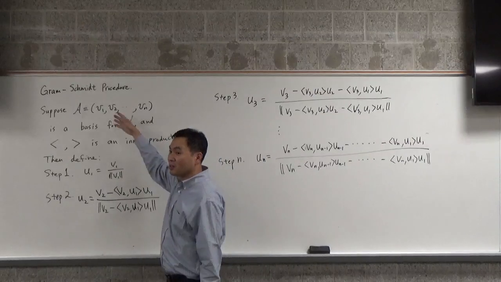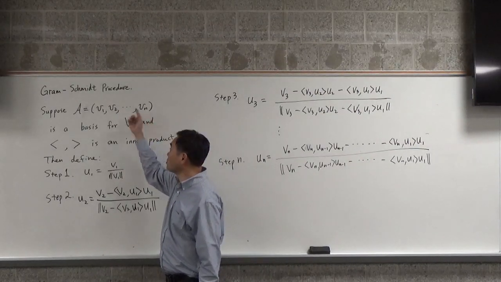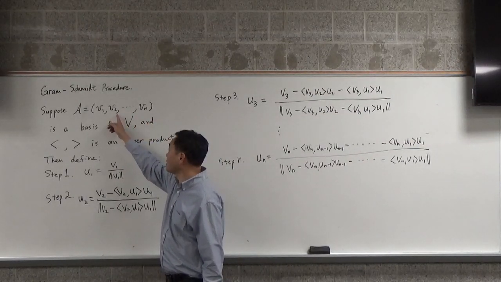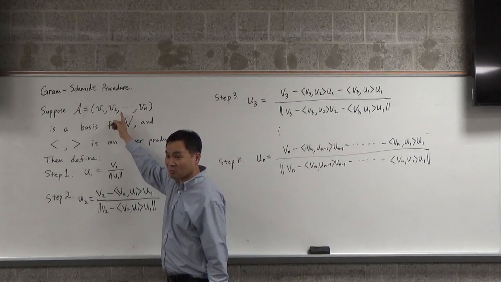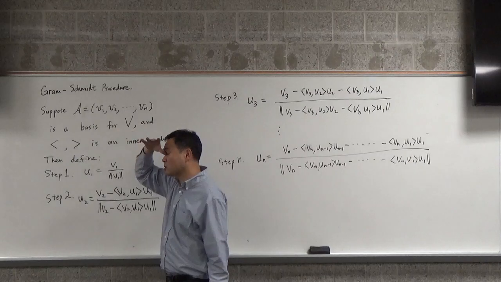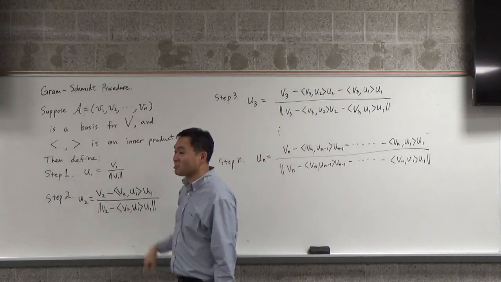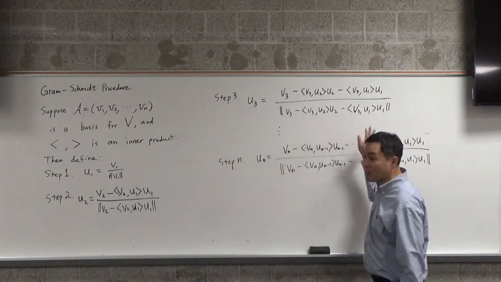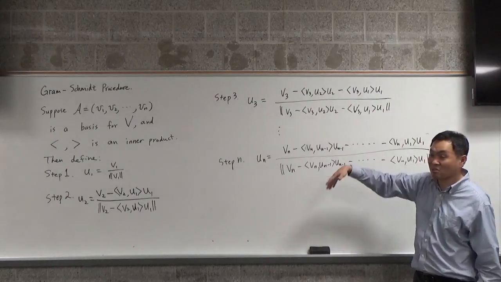So if any of the denominators become 0, you immediately have a proof that this is not a linearly independent list. So that can't happen. Being a basis precludes the denominator from being 0, so you can carry this out until step n.